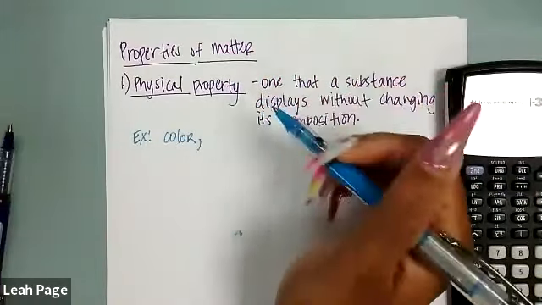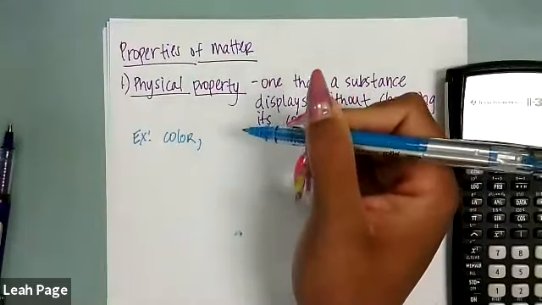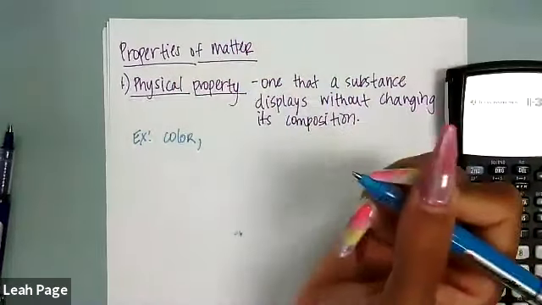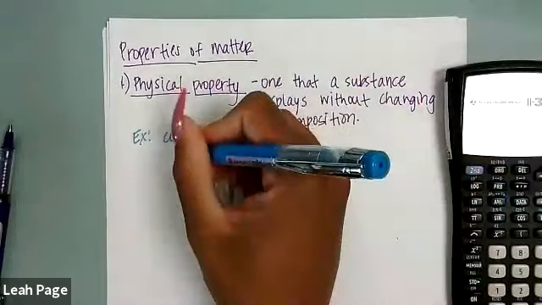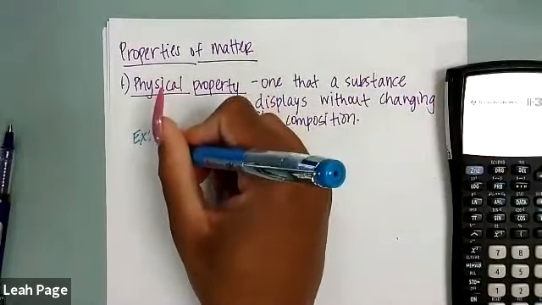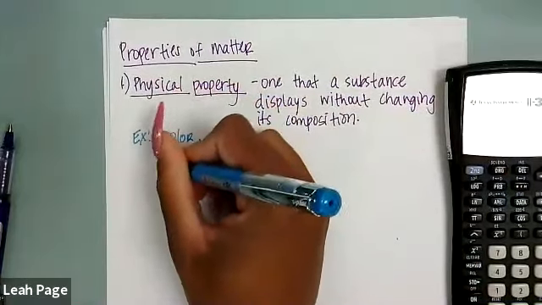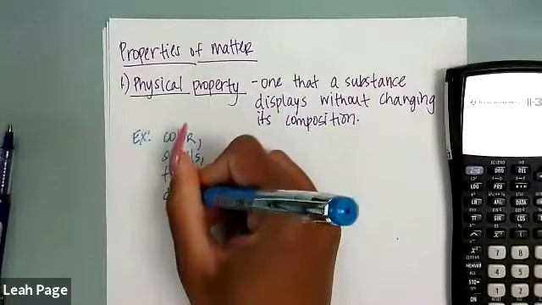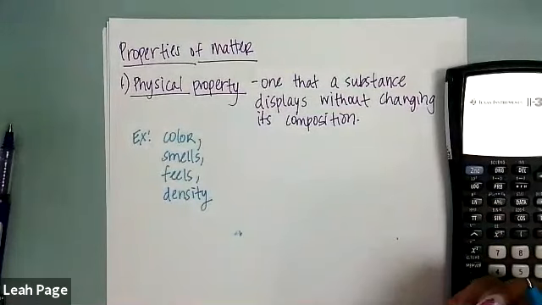When you're describing a substance's color, like if I describe this pen as being blue, that's a physical property of the pen. Or the odor of the gas, the way it smells, or the way it feels, or even the density of a substance is describing its physical properties.